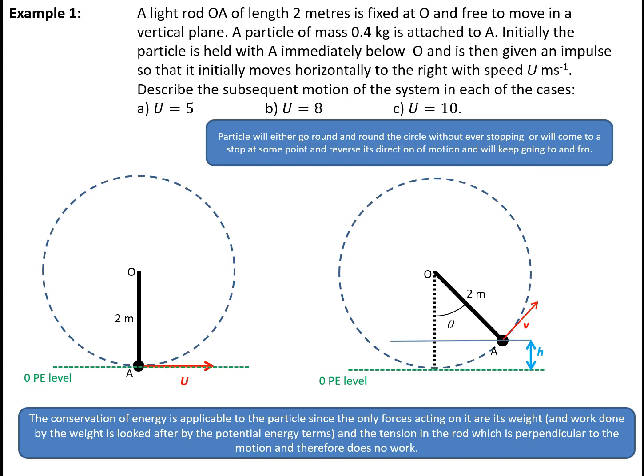If we form a little right-angled triangle formed by O, the present position of A, and the vertical, then we can see that A is a distance 2 cos theta below O. We know that the bottom of the circle is 2 meters below O, and therefore h is 2 minus 2 cos theta.